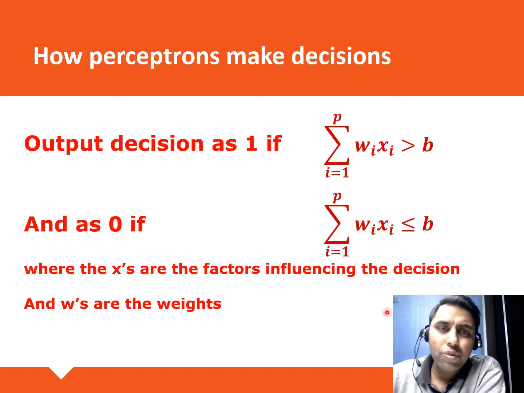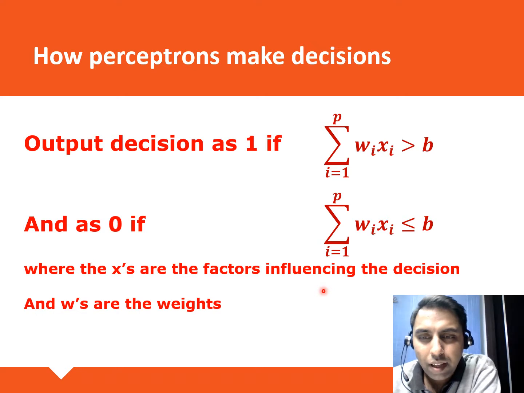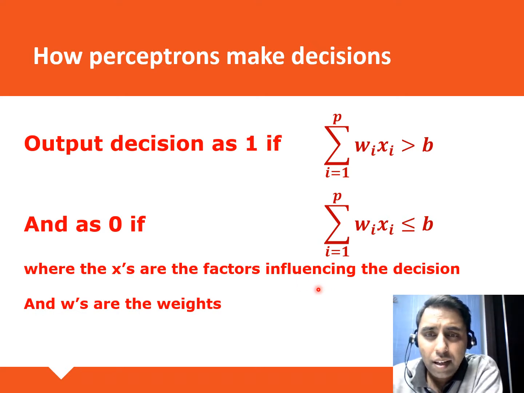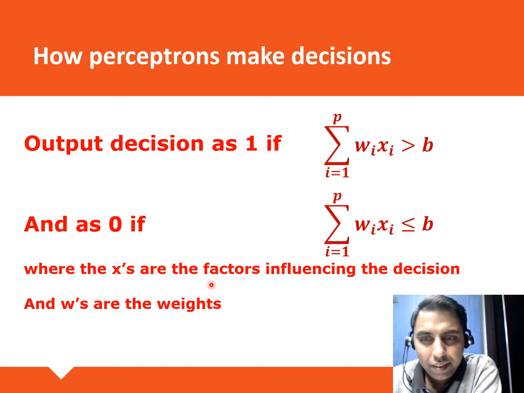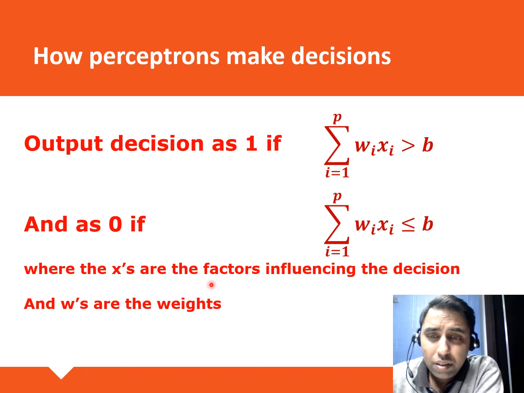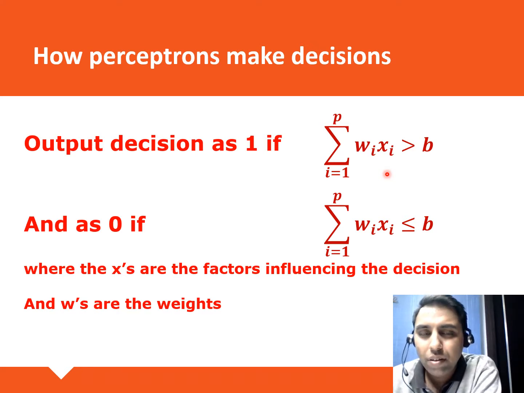So if I assume that there are p such factors, or p such pieces of information which the perceptron is receiving, I denote those factors which influence the decision by x: x1, x2, up to xp. There are p such factors or p such features, whichever way you may want to call them, on which the perceptron is receiving some information.